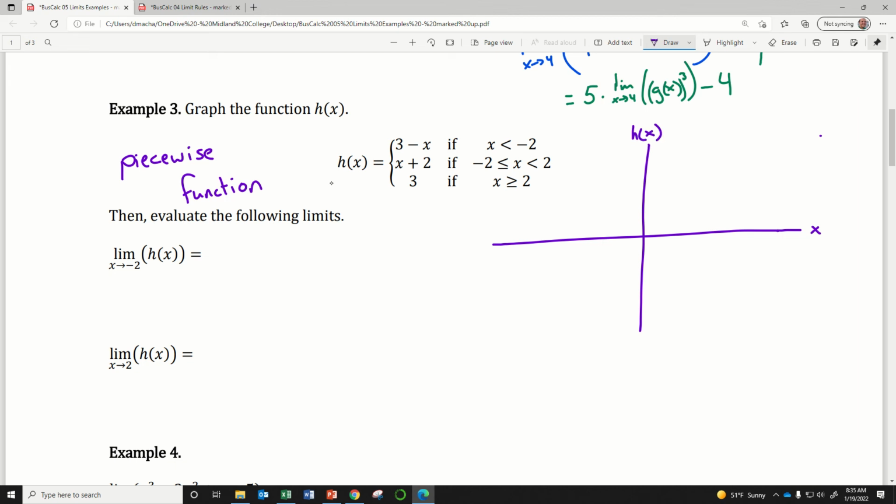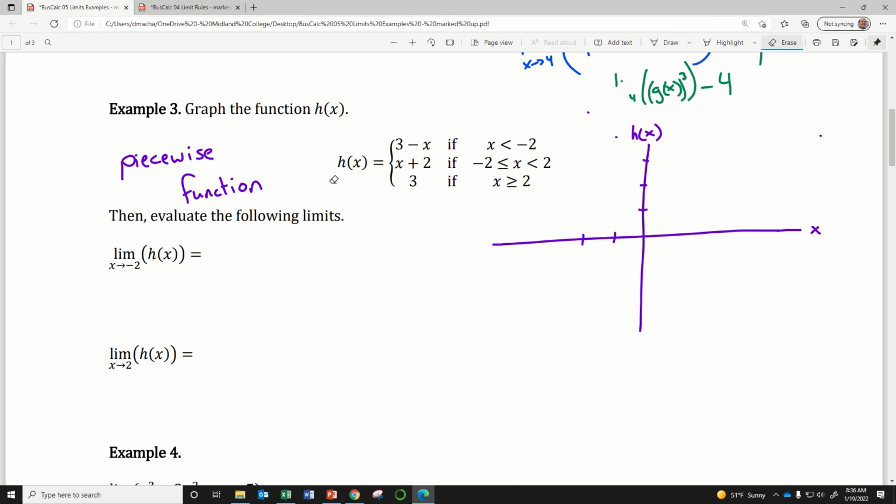Whenever x is less than negative 2, it's given by the rule 3 minus x. And that means actually these values are going to be pretty large. But, oof, I'm going to have a difficult time drawing this.